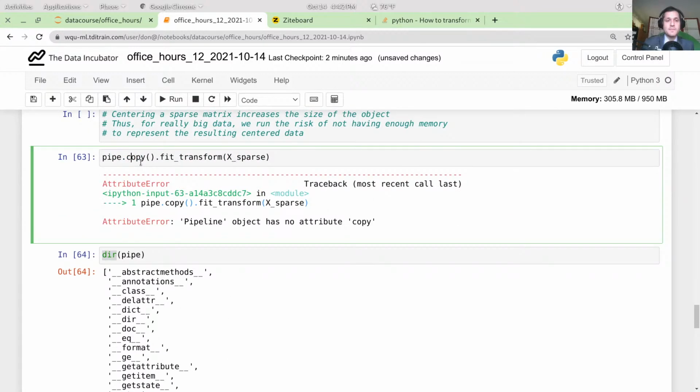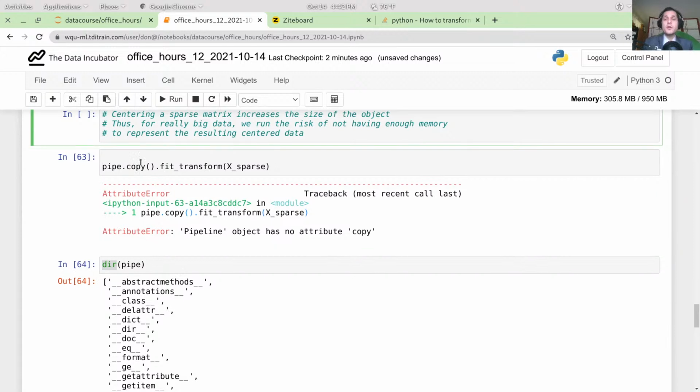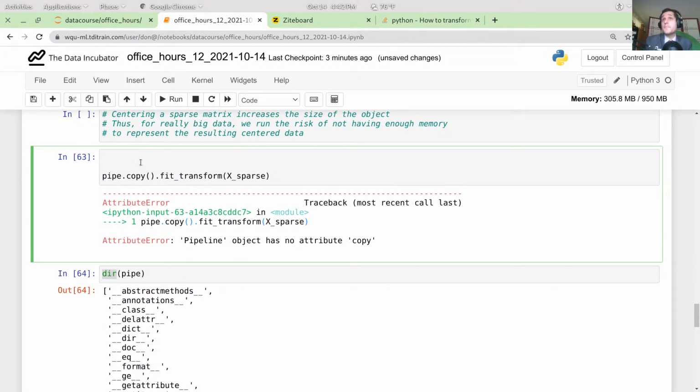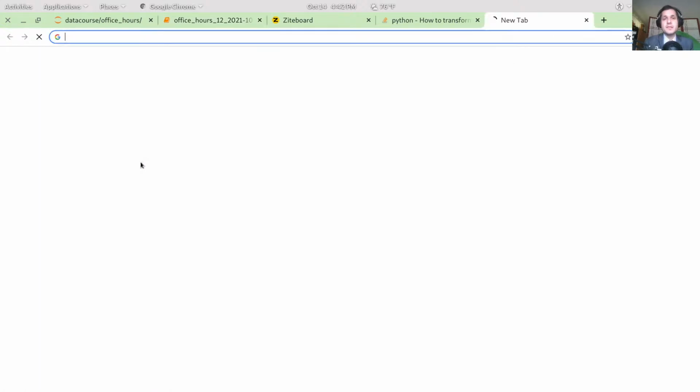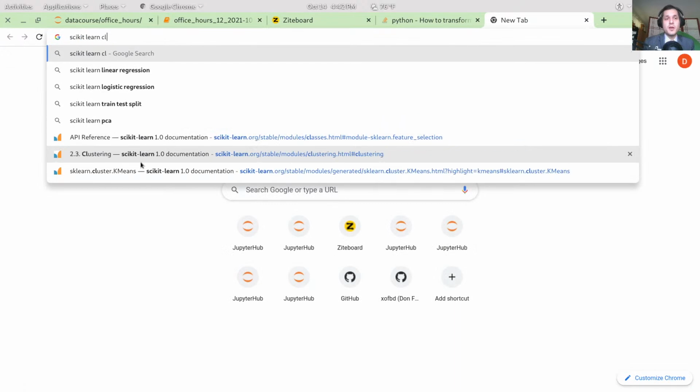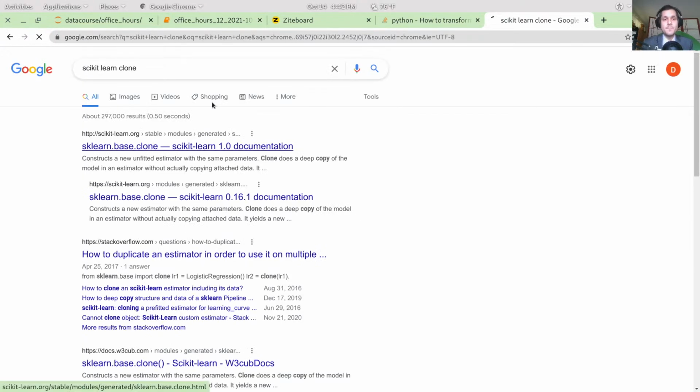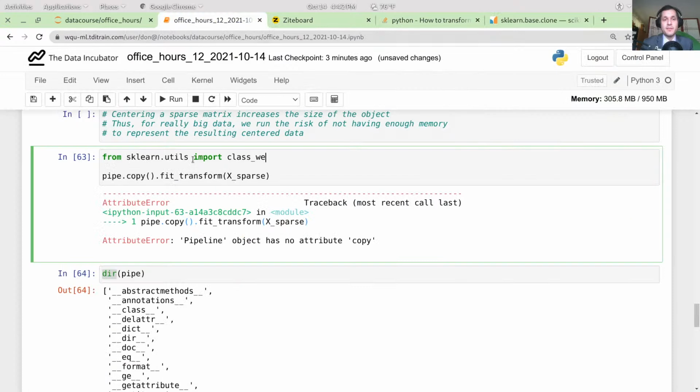I want to clone my transformer. I don't want to mutate the original one. I want to create a copy. So from scikit-learn utils, import clone, I believe. Let's see, scikit-learn clone. Base clone. Okay, would not have figured that out.